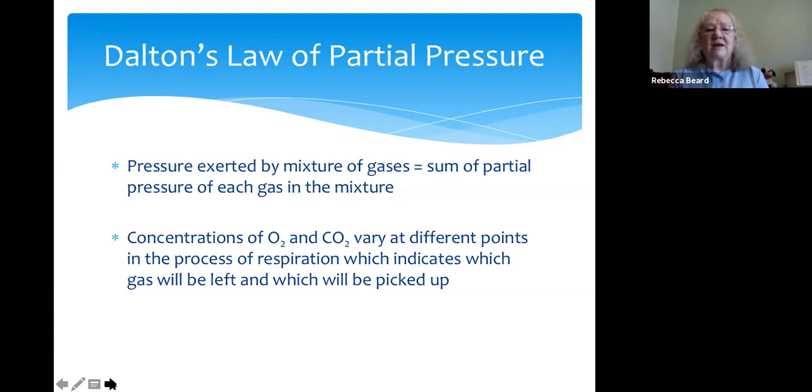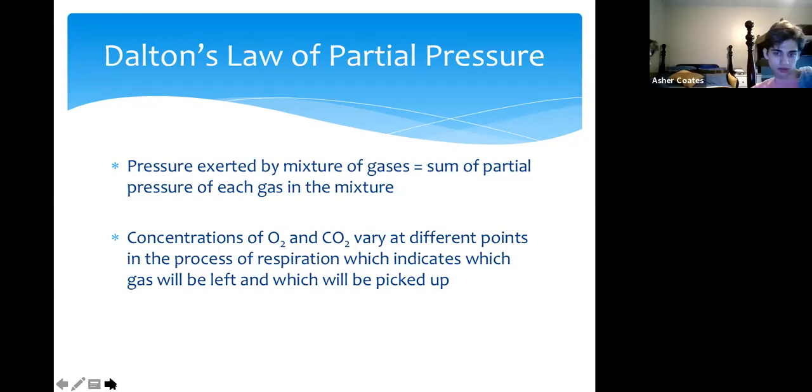Okay, and it got a little bit technical in this portion of the module. We're talking about Dalton's law of partial pressure. And what is that actually measuring? The partial pressure. It's the pressure or how much of a specific gas there is in a total volume of gas, if that makes sense. It's the best I've got.